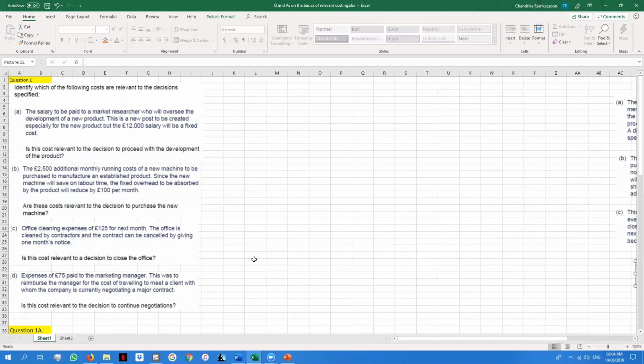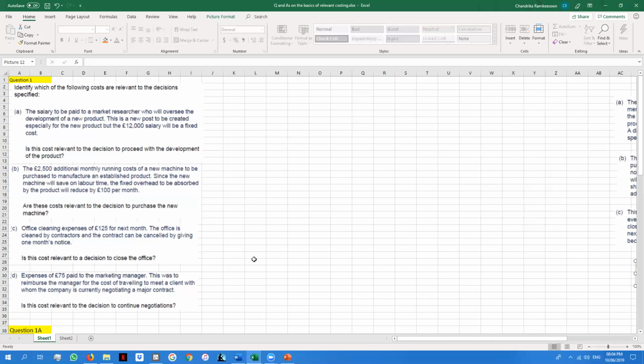A, the salary to be paid to a market researcher who will oversee the development of a new product. This is a new post to be created especially for the new product, but the 12,000 salary will be a fixed cost. Is the cost relevant to the decision to proceed with the development?